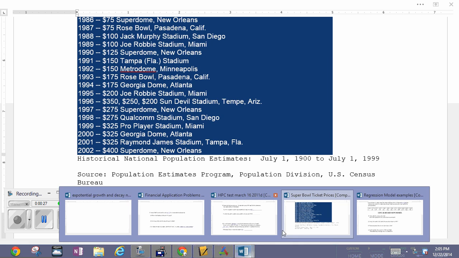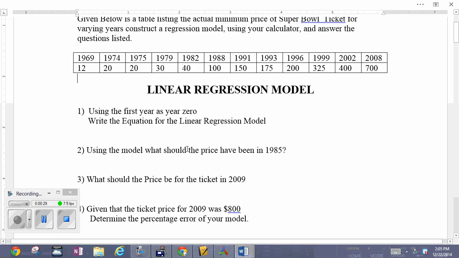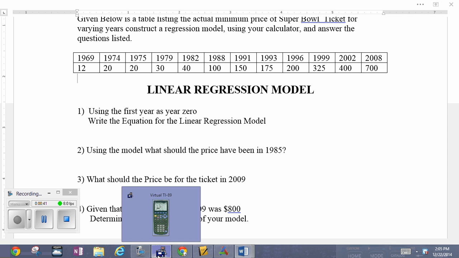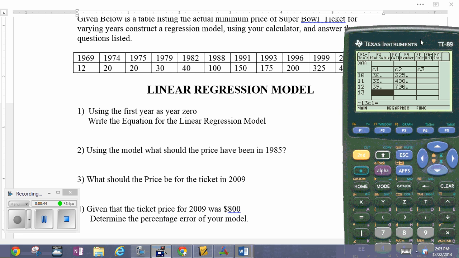Okay, so what I did is I just gave you a table of values. We did problems like this before in class where I said, okay, let's find the line of best fit, and it ended up being not a very good fit at all. So let's go back and illustrate that for you.